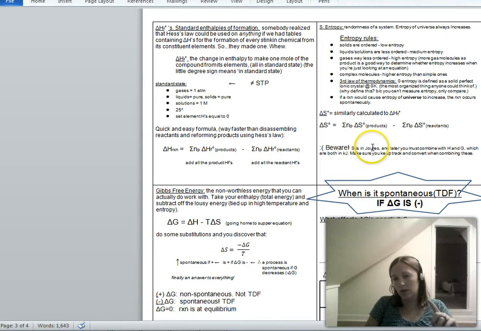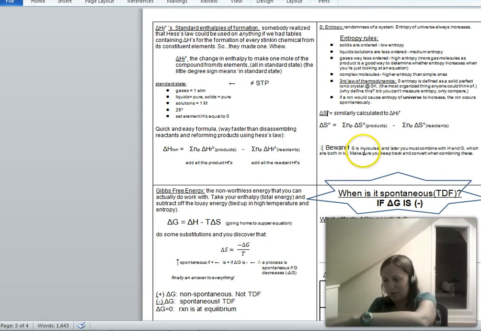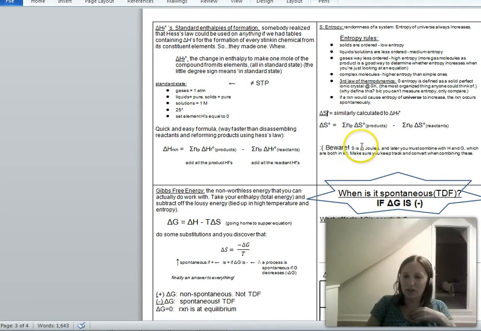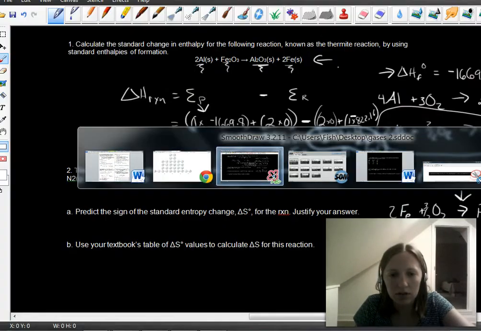There's one formula coming up in a little bit where you've got to use both the enthalpies and the entropies. If you're using the values from the book, you've got to convert the entropies to kilojoules, because they just don't match otherwise. It's sort of a pain, but it's a little tidbit that you've got to remember, or your numbers are going to be ridiculous. So all right, let's go to question 2 on the back of the notes.